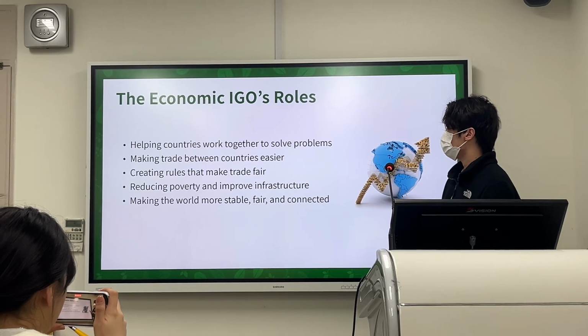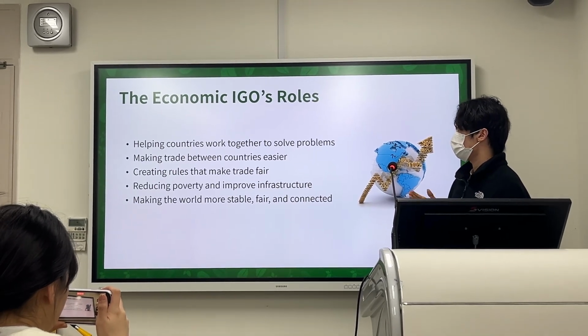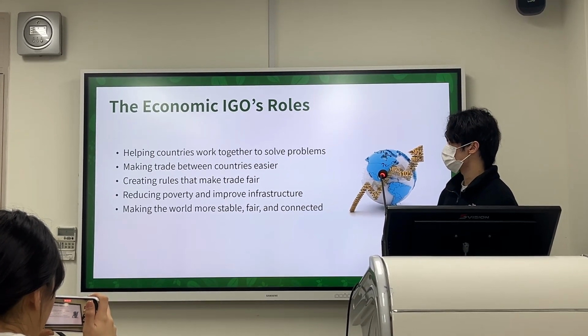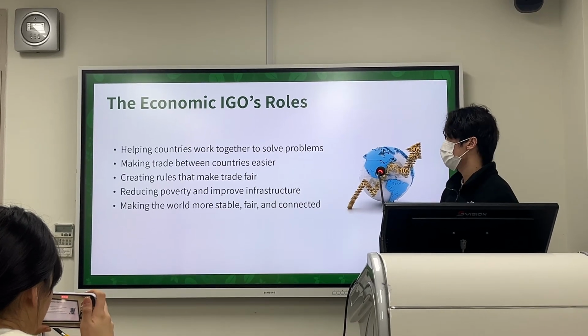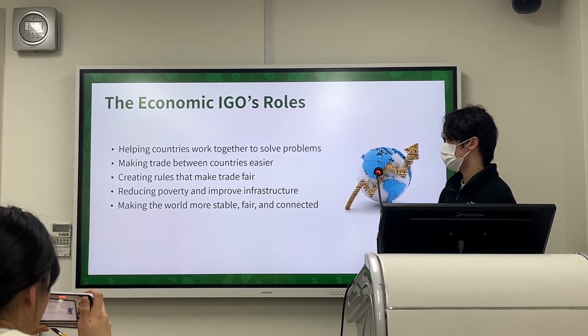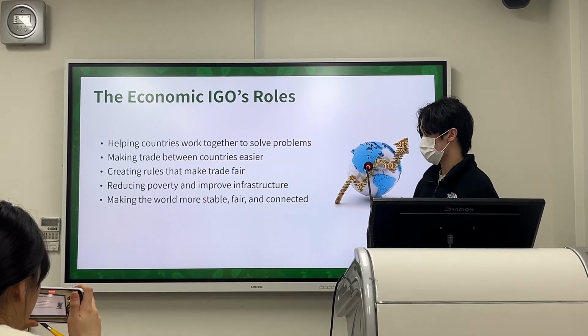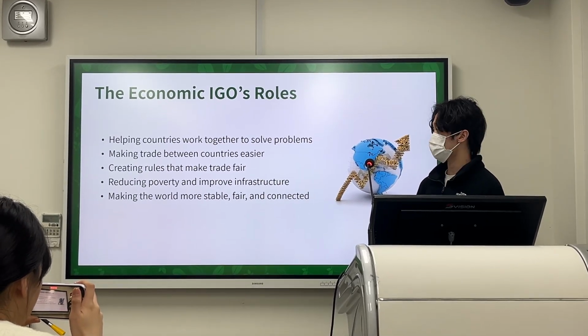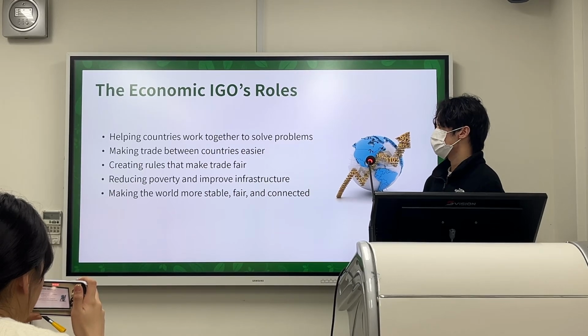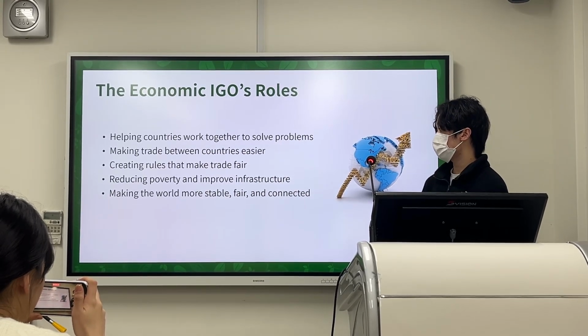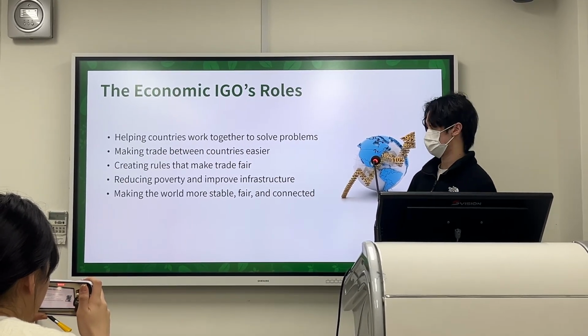There are many economic IGOs roles. First, IGO help countries work together to solve problems. And also, they make trades between countries easier. Generally, trade allows countries to sell what they produce and buy what they want. They create rules that make trade fair and open to all countries.